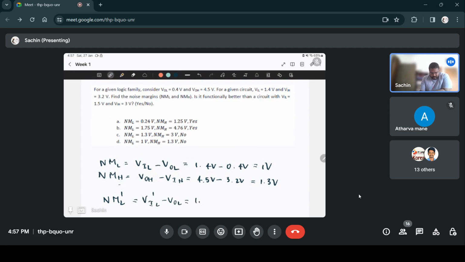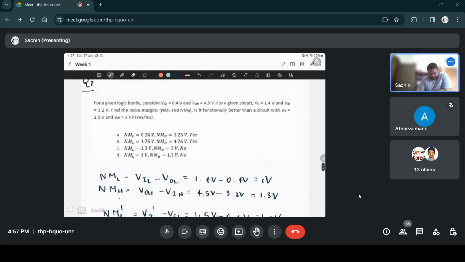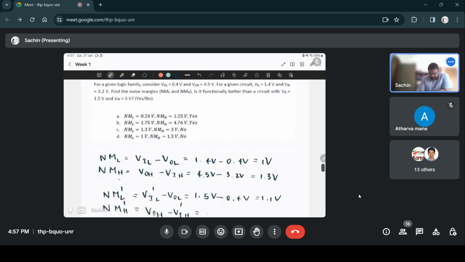So the new value of VIL is 1.5 volts minus 0.4 volts is 1.1. Similarly, NMH dash is VOH minus VIH dash, which is 4.5 volts minus 3 volts. So it is 1.5 volts.